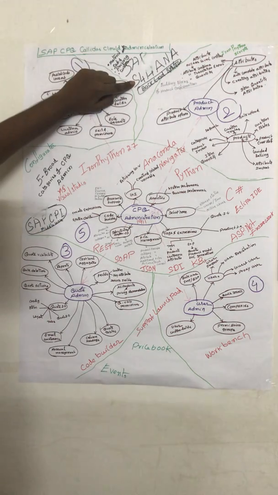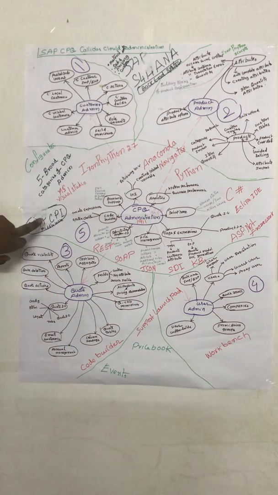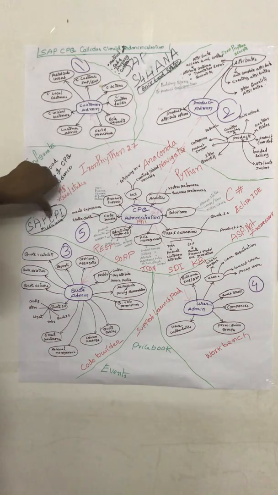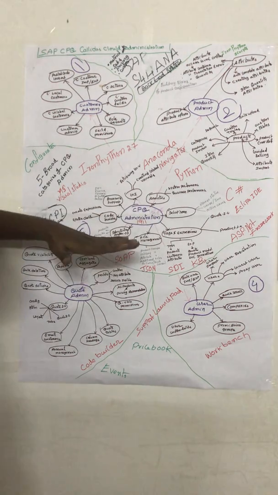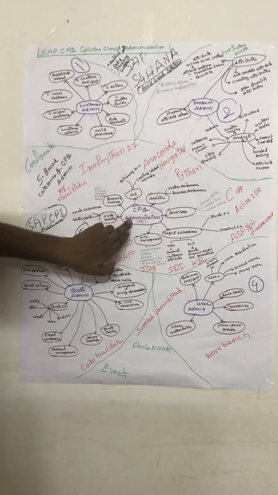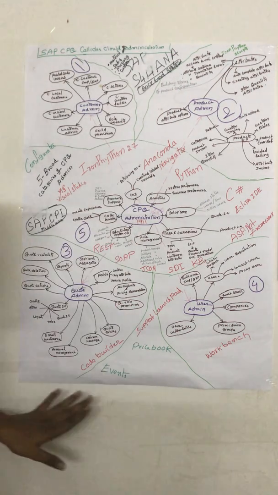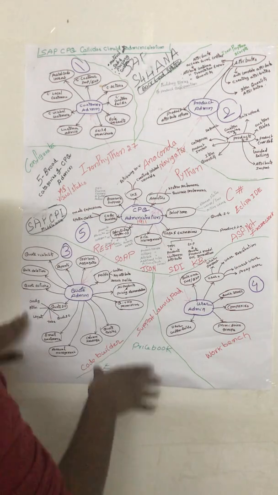Information will come from S4 HANA, which acts as a database. The middleware is CPI, through which the information travels to CPQ. So this is the process by which the information gets into CPQ. This is the major concept.